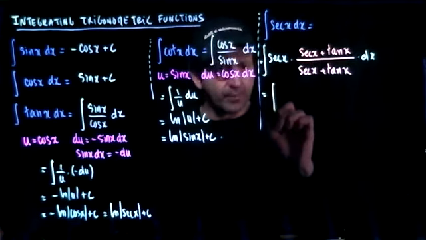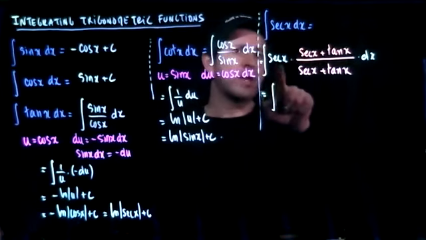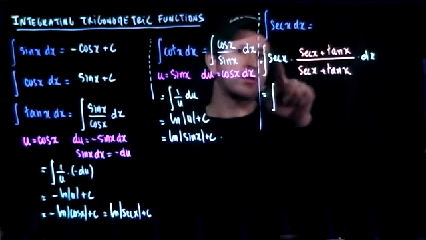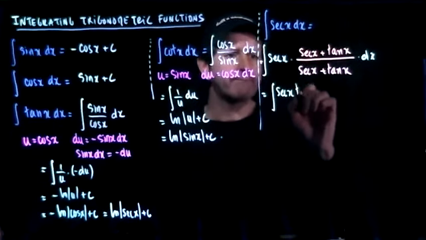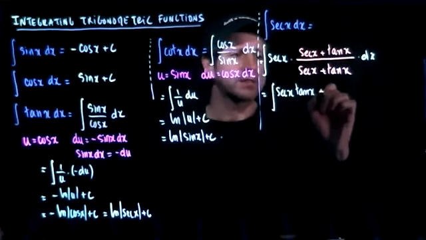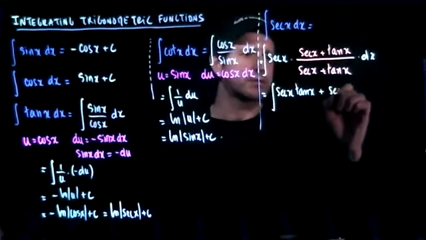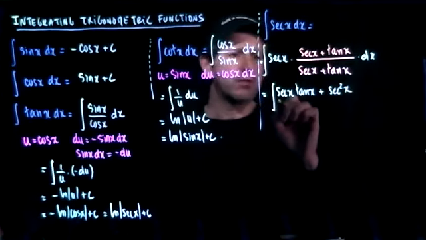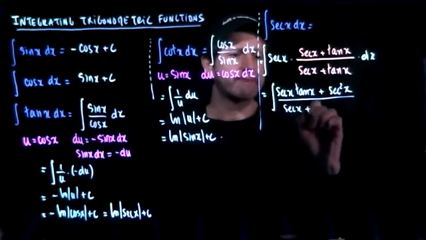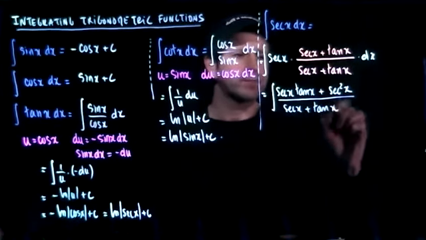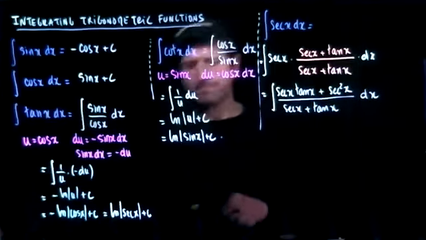Because now, if I distribute the top, I get secant squared plus secant tangent. So it's secant x tan x plus secant squared x on top. And on the bottom, I have secant x plus tangent x dx.